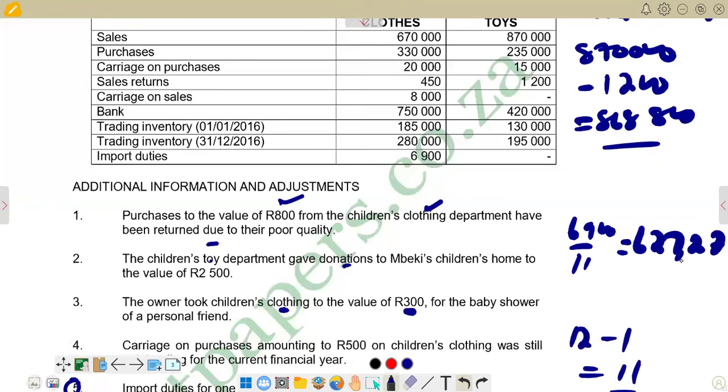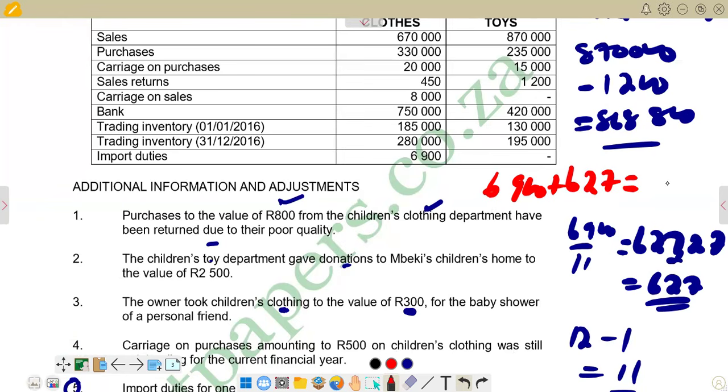In other words, to the nearest rand, it's going to remain as 627. So this is the one that is still outstanding. To get the one that we are supposed to put now in the trading account, we say the 6,900 that we have plus the one that is outstanding, which is 627. If we add the two, we are going to get 7,527.